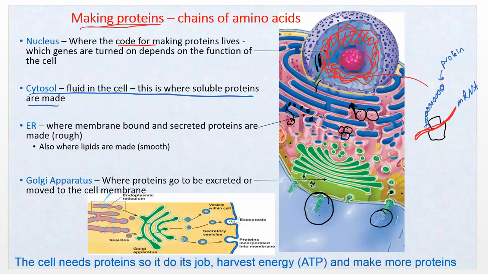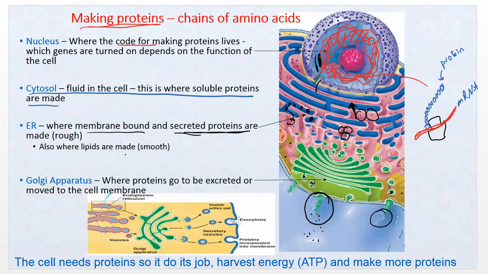Then the ER can form little vesicles and bleb off and join with the Golgi, and from the Golgi they can make another vesicle that fuses with the membrane, and boom, you have the release. So the rough ER is where membrane bound and secreted proteins have to be made. If it's not soluble and it has to be bound to a membrane or secreted, then you have to get the endoplasmic reticulum involved.